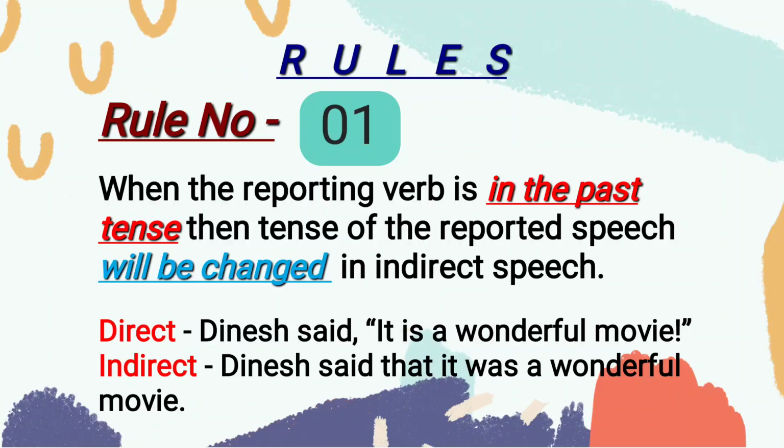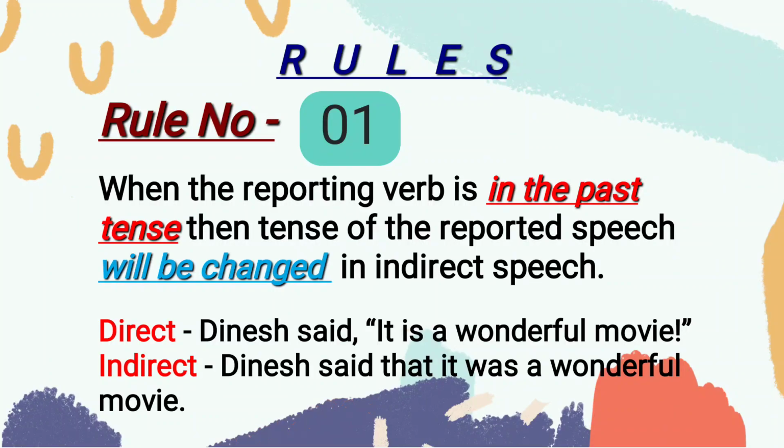Rule number one. While changing direct speech into indirect speech, we have to follow certain rules. Number one, when the reporting verb is in past tense, then the tense of the reported speech will be changed in indirect speech. Again, there is an example. Dinesh said, "It is a wonderful movie."